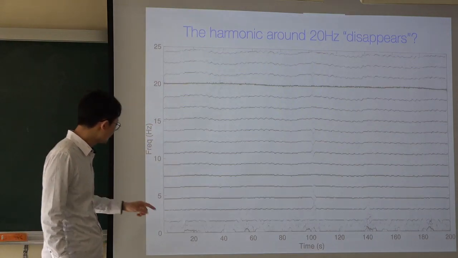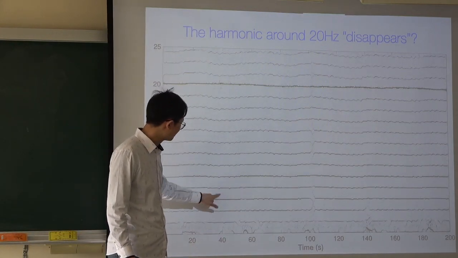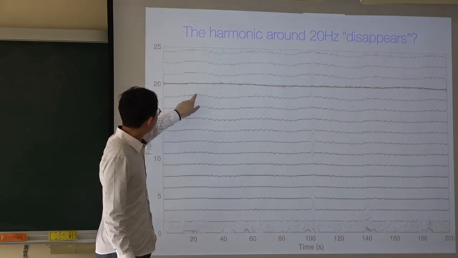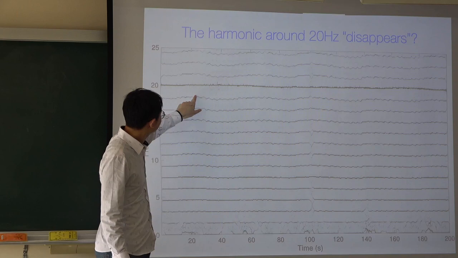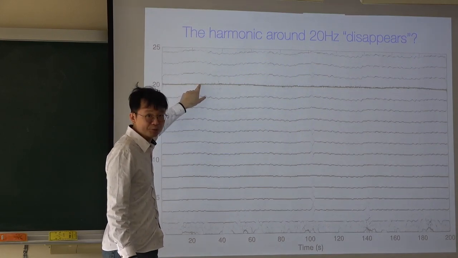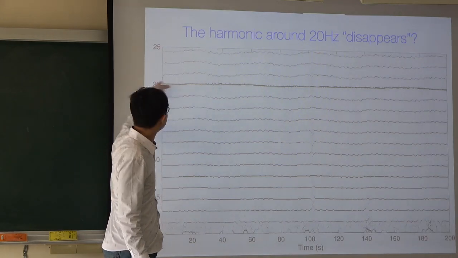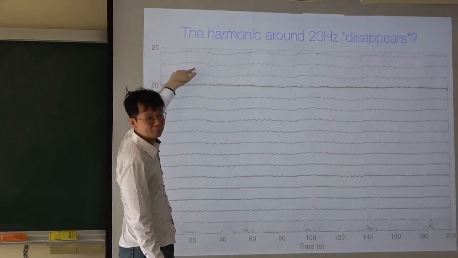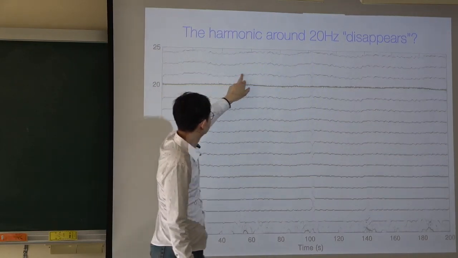If I zoom in, you see this is the instantaneous heart rate and harmonics. The ECG signal is very spiky, so harmonics, right? But at this harmonic, the 20 hertz component seems to disappear. It becomes super flat. And then at the next harmonic, it comes back to capture the dynamics.